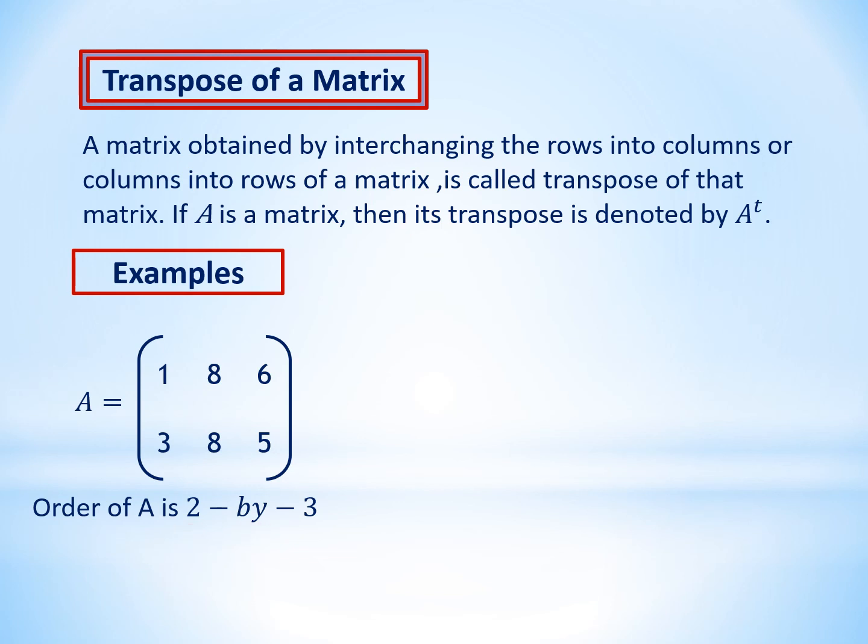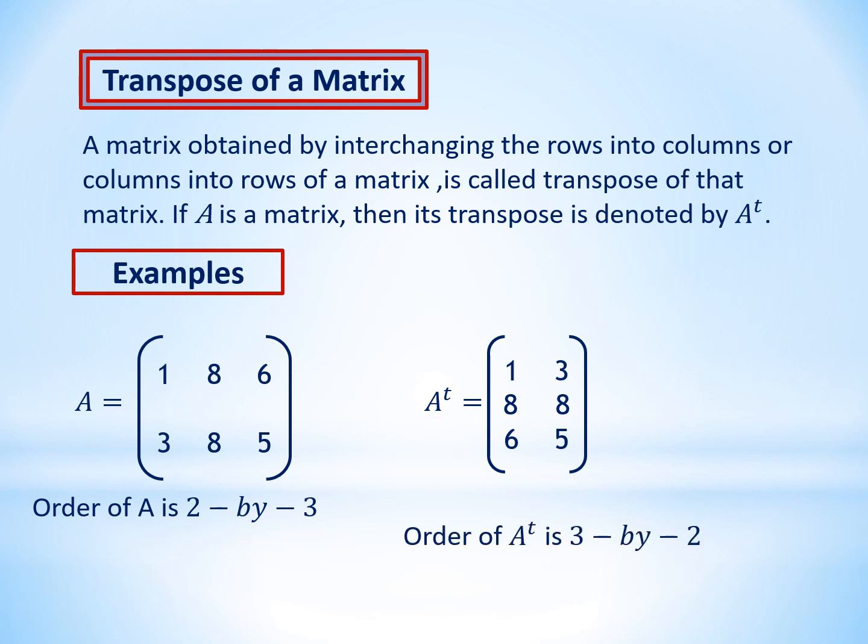And if we interchange its rows into columns, like I interchange this row into column and this row into column, the matrix obtained in such a way is called A transpose. Its notation is A transpose and its order is now 3 by 2.